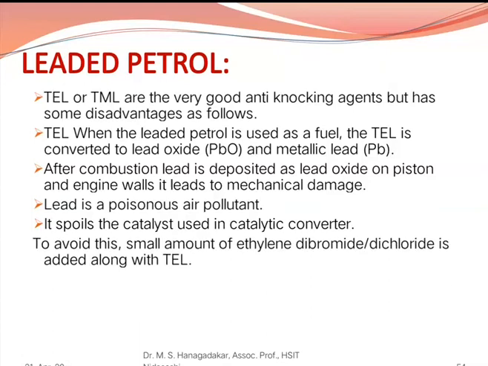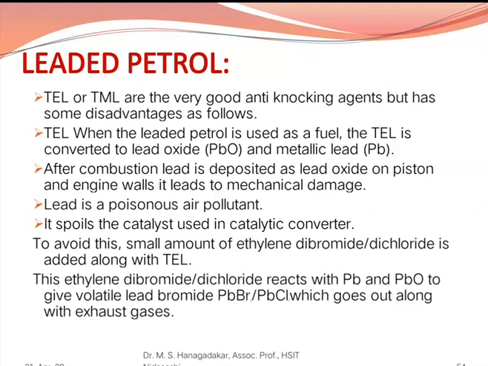To avoid the problems of using leaded petrol, one more chemical compound is added along with the leaded compound to the petrol, that is ethylene dibromide or dichloride with the TEL. This ethylene dibromide or dichloride reacts with lead and lead oxide to form lead bromide or lead chloride, which goes out along with the exhaust. It prevents the deposition of lead and lead oxide in the internal parts of the engine.